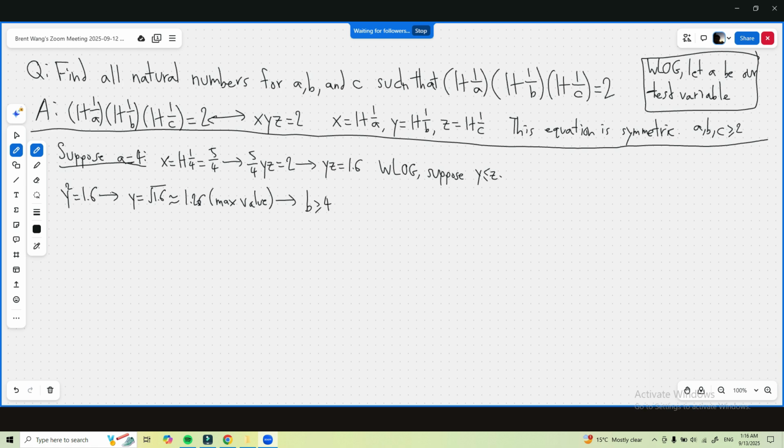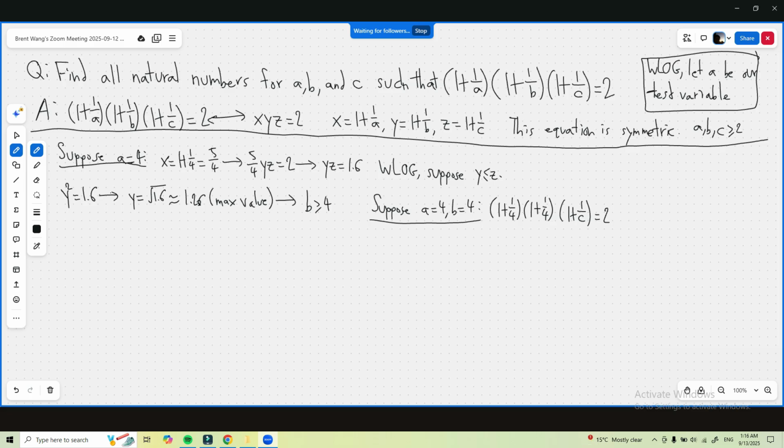Okay, so let's suppose A equals 4 and B was equal to 4. What's the maximum value C can be? Okay, so then 1 plus 1 over 4 times 1 plus 1 over 4 times 1 plus 1 over C is equal to 2.